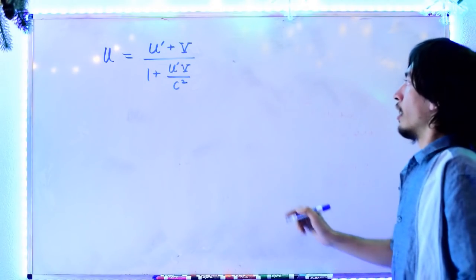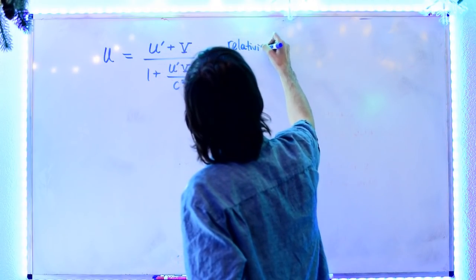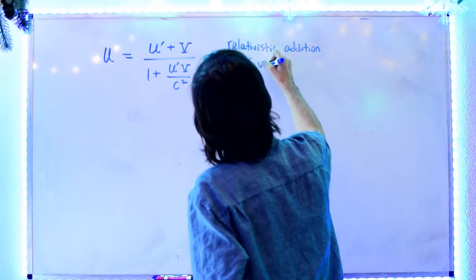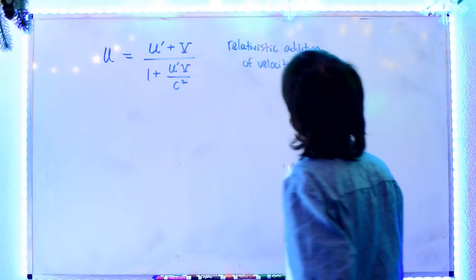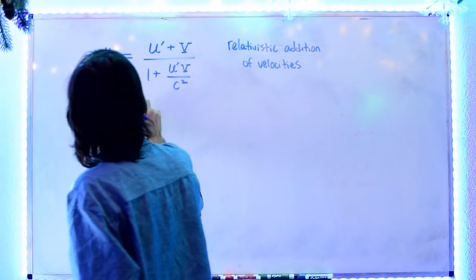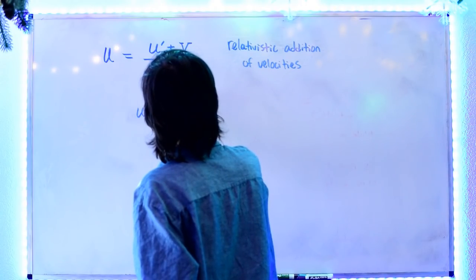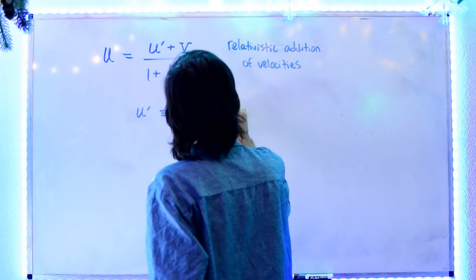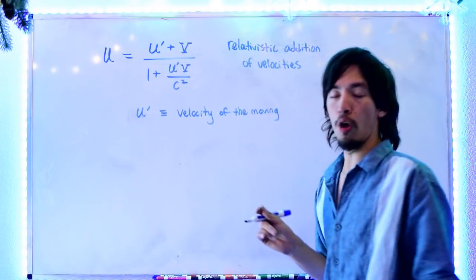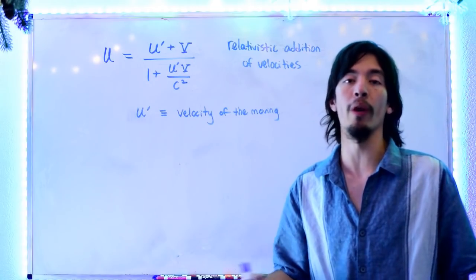So now, this is the relativistic addition of velocities. Okay. In this equation, the way that it is written, U prime can be defined as the velocity of the moving frame of reference, formally in physics, but you can just replace it by the term point of view.